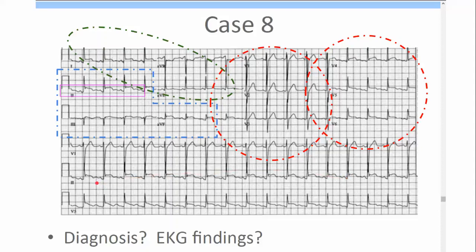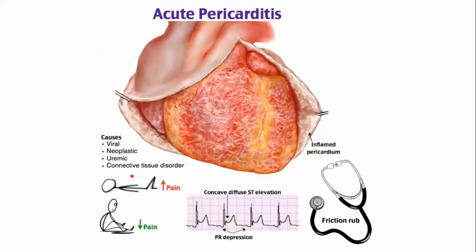And so a little bit hard to see and appreciate, but this PR segment is low, as well as this point is elevated as well. So the EKG findings that we're supposed to appreciate are PR depression and diffuse concave ST elevation.